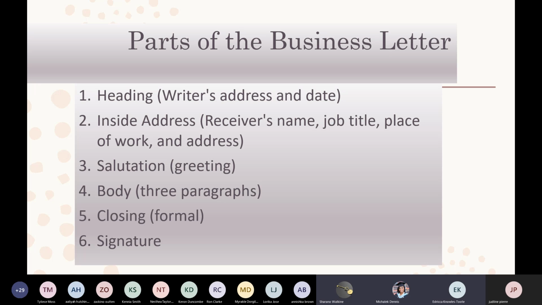Now, good. So we know the inside address. And remember, anytime you're writing a business letter, you cannot forget these things inside the inside address. These things are very important. Because anytime this letter is being sent, what you have on the inside address in the letter goes on what?